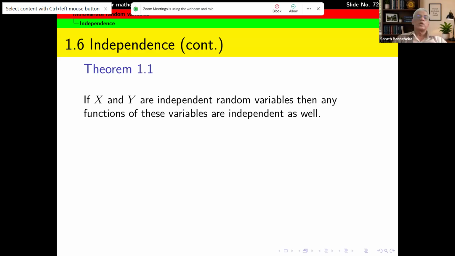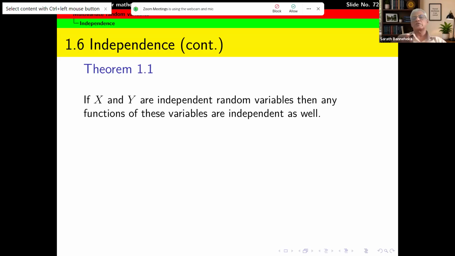Then, connected to this independence, there are some other corollaries, but I am mentioning them as theorems. If X and Y are independent random variables, then any functions of those random variables are also independent. Actually, this is a very intuitive theorem, because if X and Y are independent, then any function g of X and h of Y must also be independent.